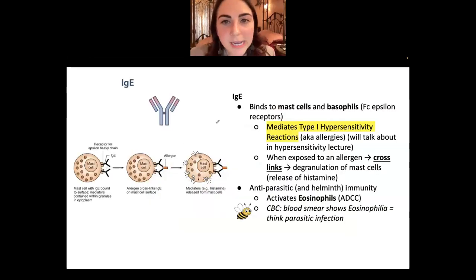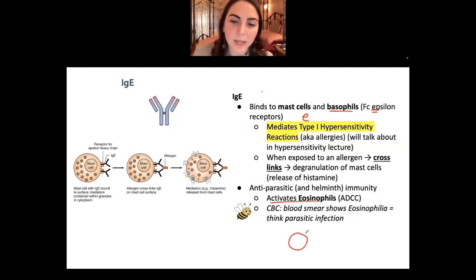Okay, so IgE is going to bind to mast cells and basophils. Remember how we talked about ADCC on Tuesday, and eosinophils too. Eosinophils also have Fc epsilon receptors. Remember I said if you have a cell with an Fc whatever receptor, that's the type of antibody it can bind.